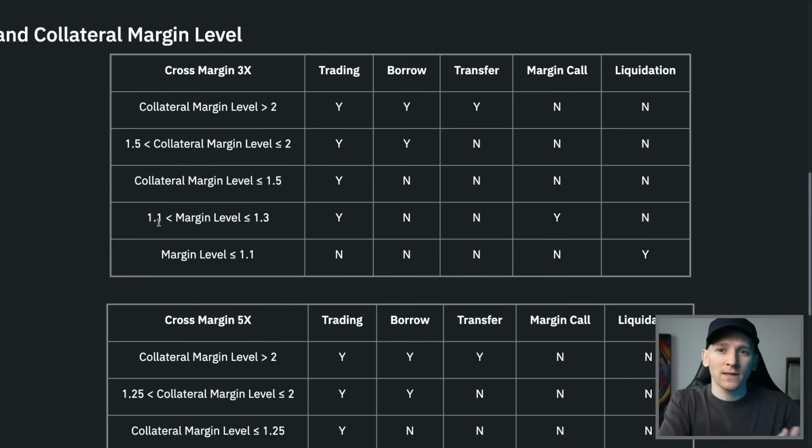So you're very close to getting liquidated. Then of course you can trade, but you can't borrow anymore and you get a margin call. This margin call used to be a call, but now it's a message to say, do you realize you're about to get liquidated? And if the margin level is under, then you get liquidated. So that goes in stages, and it's important to know that.